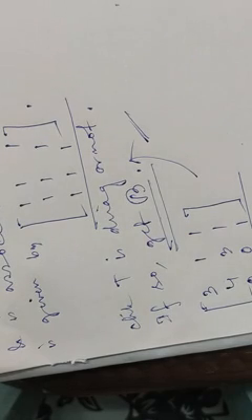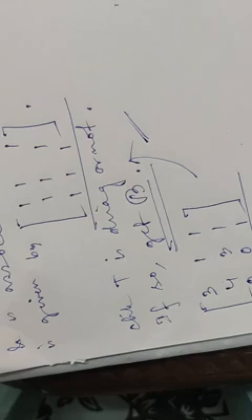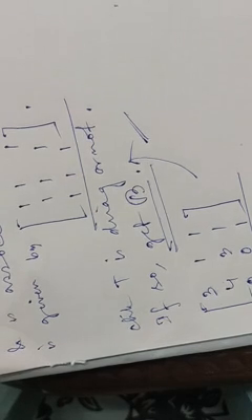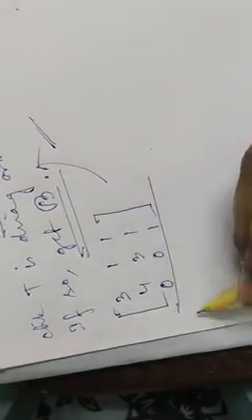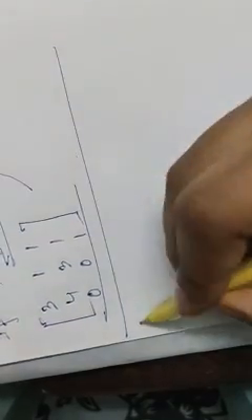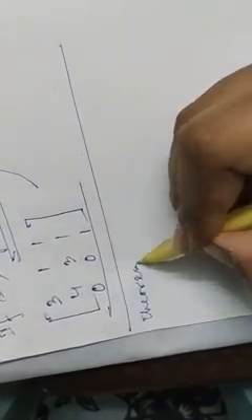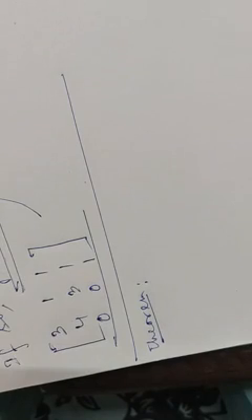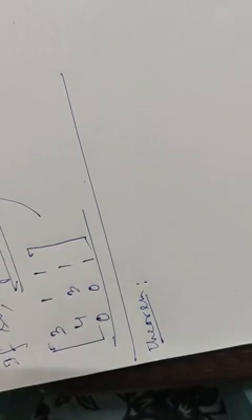Now there is another theorem which states the diagonalization of a matrix. At first I am stating the theorem, then we will prove it, and we will check one application of this theorem.